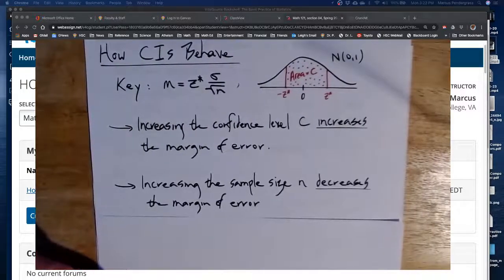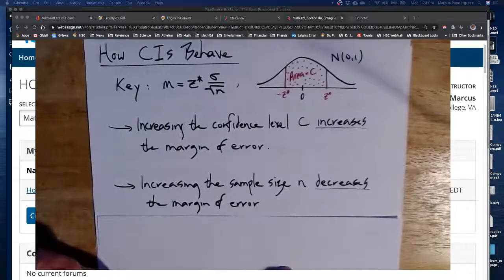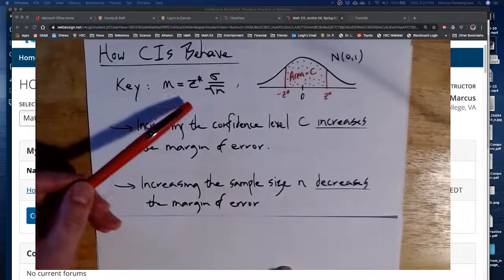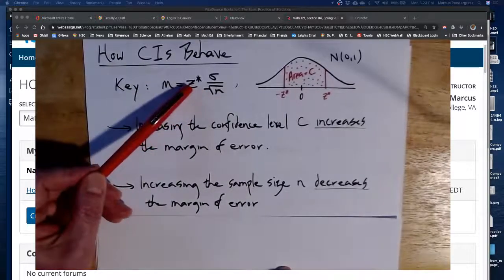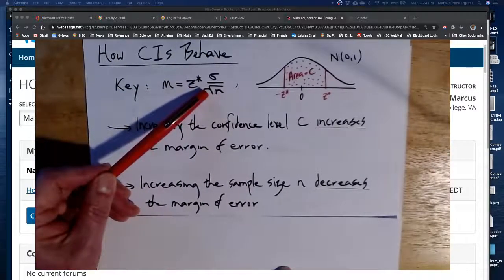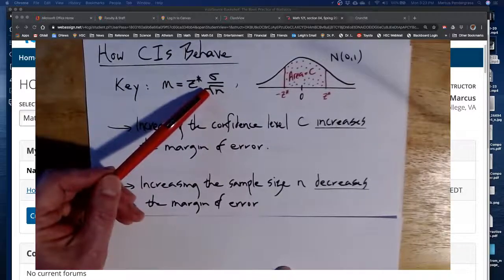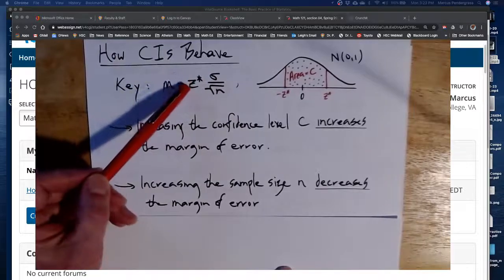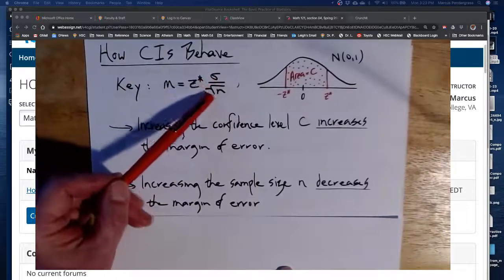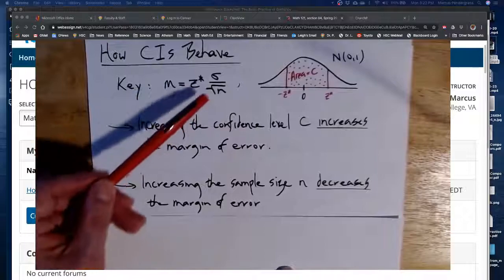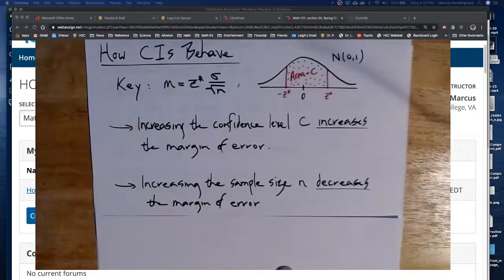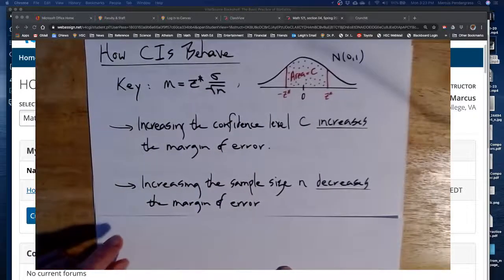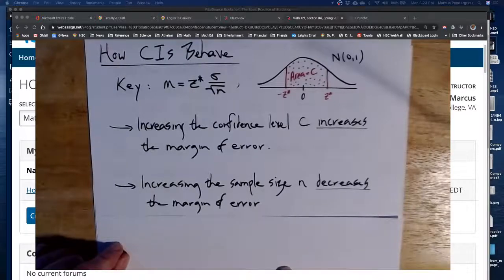On the other hand, increasing the sample size decreases the margin of error, and that's because the sample size divides into the margin of error, right? The margin of error is the z star times sigma divided by square root of n. So if you increase n, you're dividing by a larger number, and that tends to make the margin of error smaller.